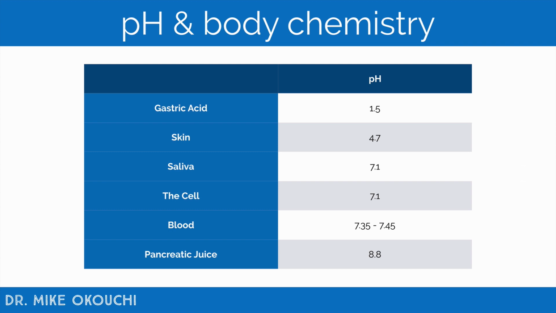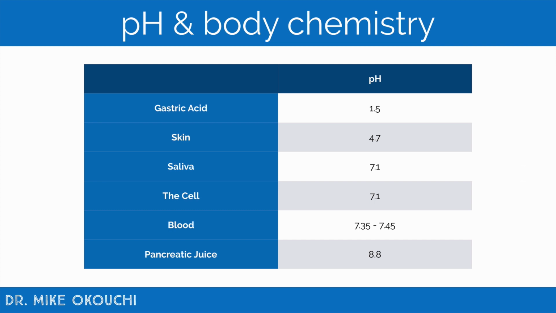Your skin also has to be acidic. If your skin becomes alkaline, that's when we see all kinds of skin infections start popping up. Saliva is about 7.1. The cell, and we're going to talk a lot about the cell because that's what we're concerned about, is cellular function. The inside of the cell and the outside of the cell actually have two different types of pHs. And we're going to get into that more.